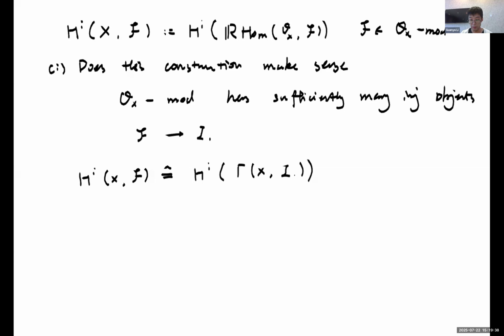And we know from homological algebra that no matter what choice you have, you get the same cohomology group, and this is well defined. So it does make sense, in the sense that there are sufficiently many injective objects in the category of OX modules. Any questions before I move to the next? Okay.